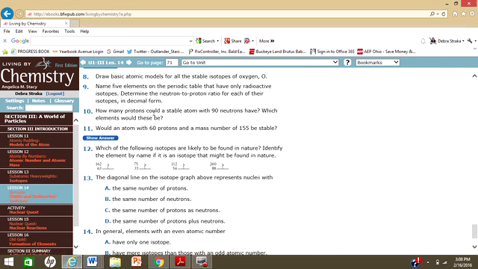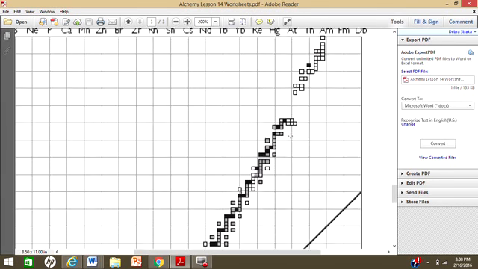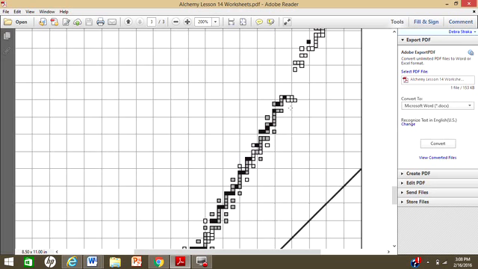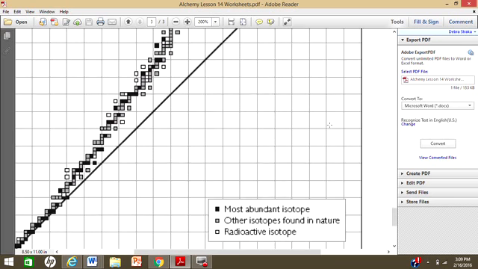Then once you figure that out, because you have to do 5 of them, it says determine the neutron to proton ratio for each of the isotopes. They say in decimal form, but I don't need you to do it in decimal form. For instance, let's find one that's right on the line. It's real easy to read. Right here. Actually, we've got one below the line and one above the line. Okay, so if I come down this line, which is hard, let me shrink this out so we can see.